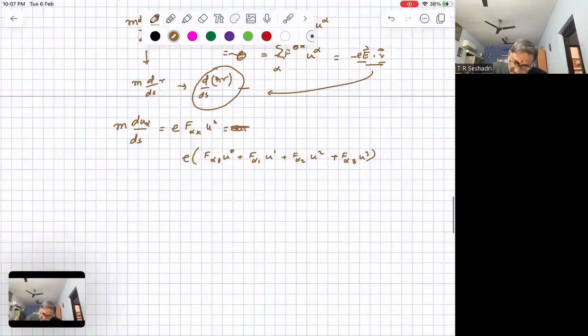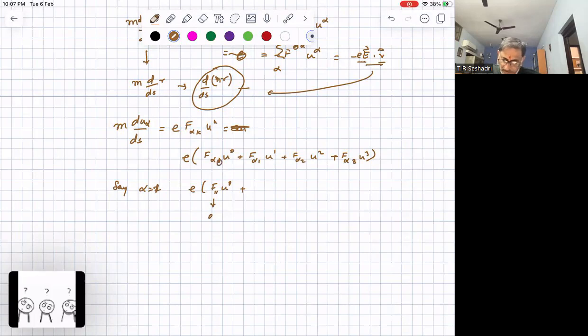Say, for example, alpha equal to 1. Then I will have E into F11 u0, and this is 0 because it is a diagonal term. Sorry, no, I'm wrong.